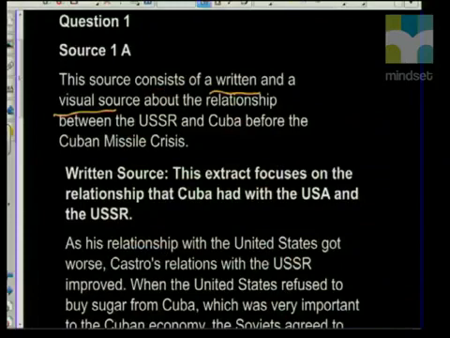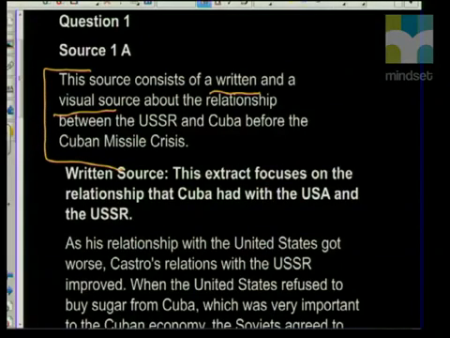This same source, the written source, can be found in different textbooks. This is just the textbook that the examiner got this particular source from, but it can be found in any other source as well. So what is important for you that is going to help you answer the question is again, this caption here.